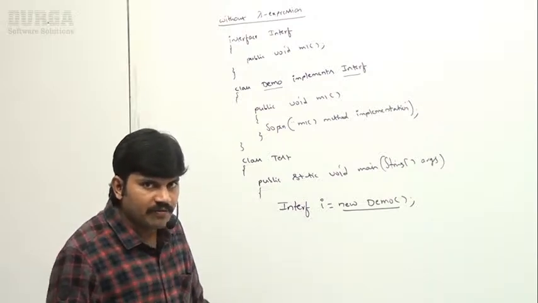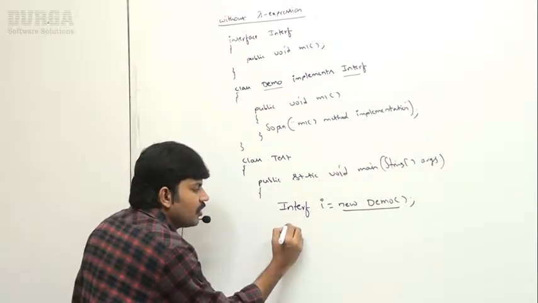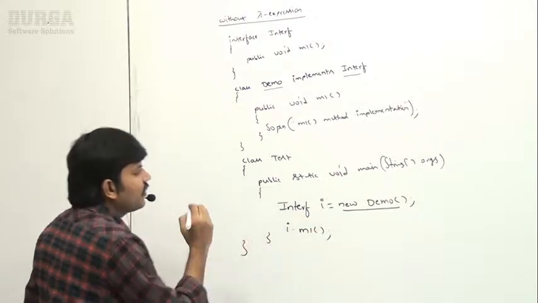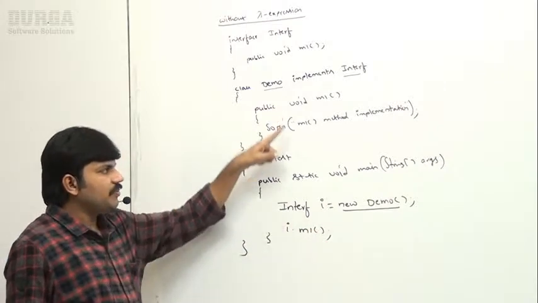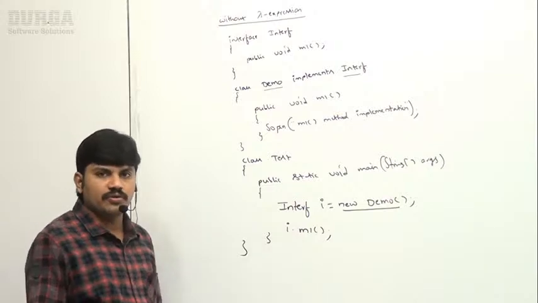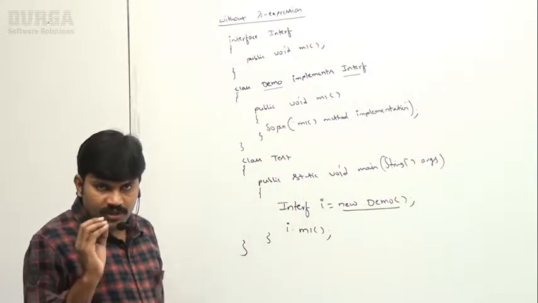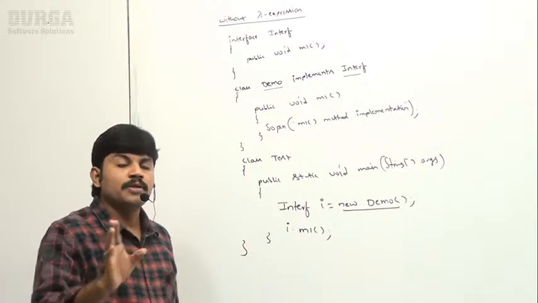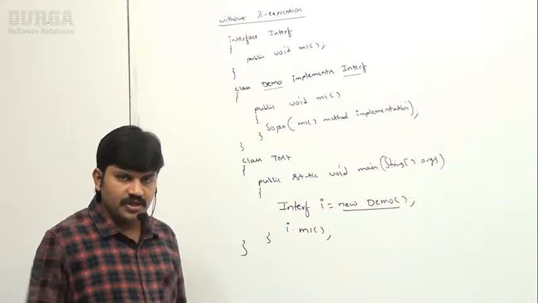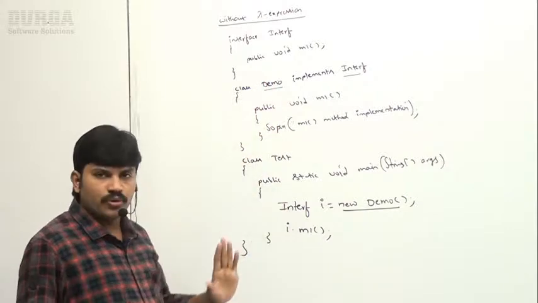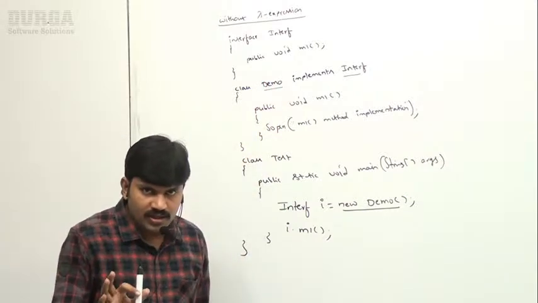I hope you are aware of this from your OOPS concepts. i.m1(). Happily, this method implementation is called by default, and we get this output. For the person who doesn't know about lambda expressions, this is the sample code, right? I hope everyone can understand, right?